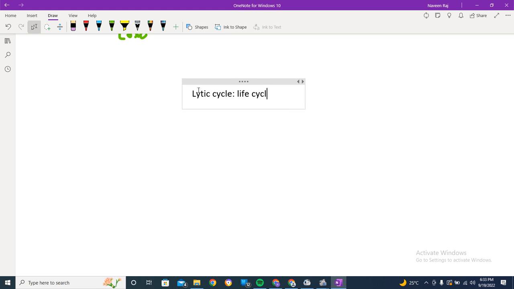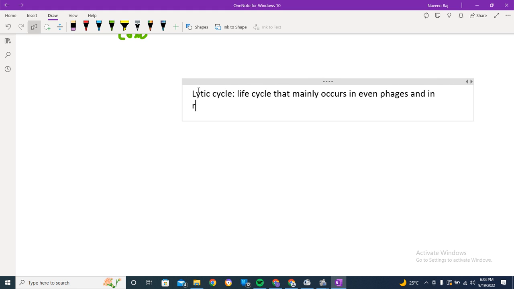life cycle that mainly occurs in phages, and in this process the host cell gets destroyed.